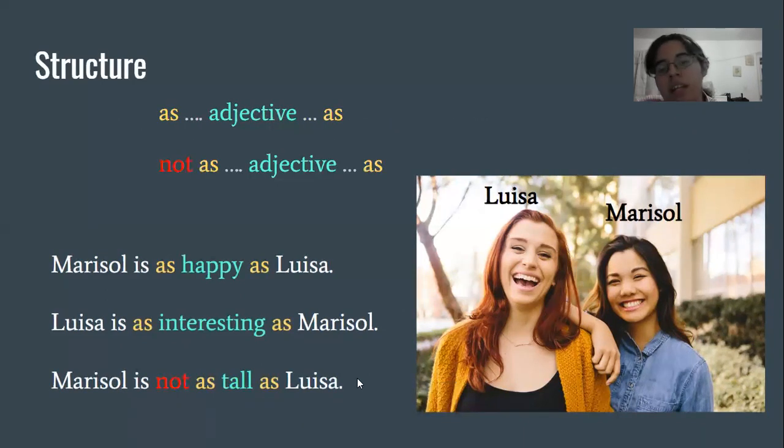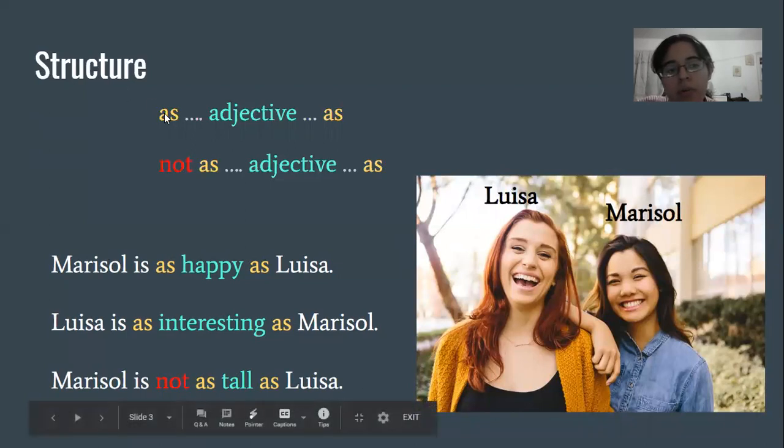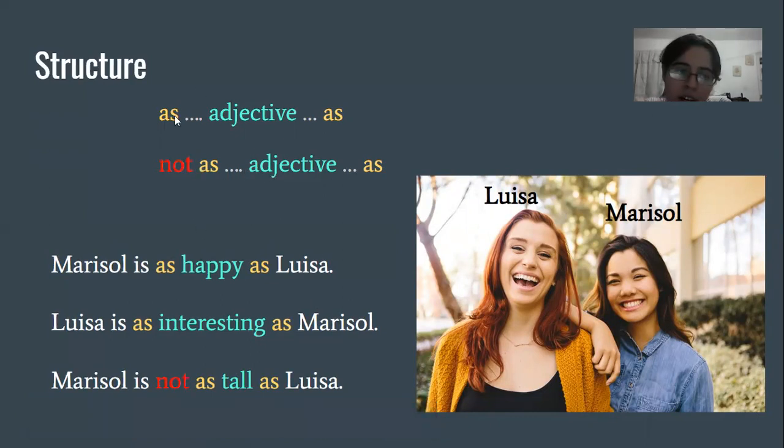So as we can see, the structure would be first the "as", then the adjective, then the "as". But that's when it's the same. But when something is different, we first put "not", then "as", adjective, "as". Just like here, the same: Marisol is as happy as Luisa.